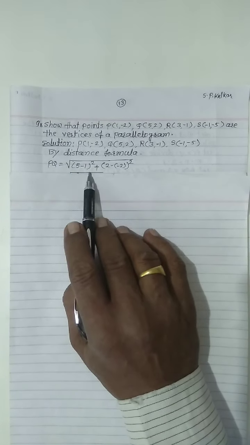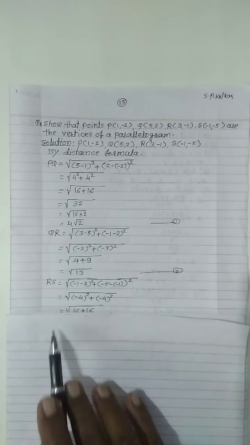Then RS. Write down the distance formula for finding RS. RS equals the square root of (minus 1 minus 3) squared plus (minus 5 minus 1) squared.